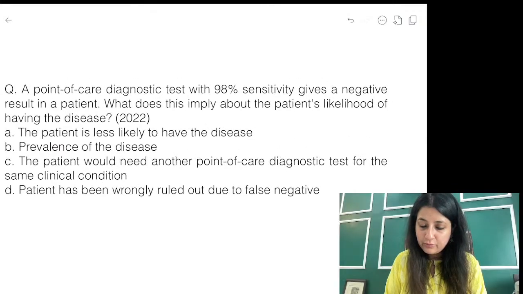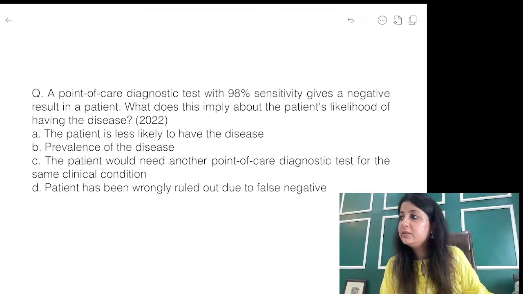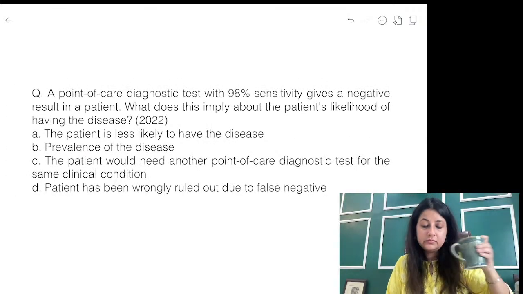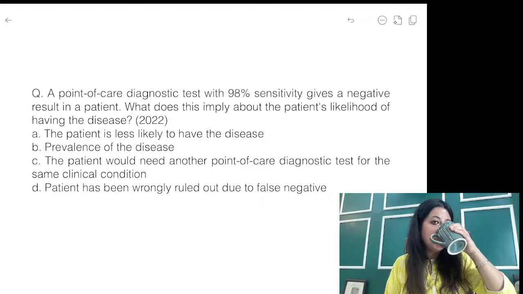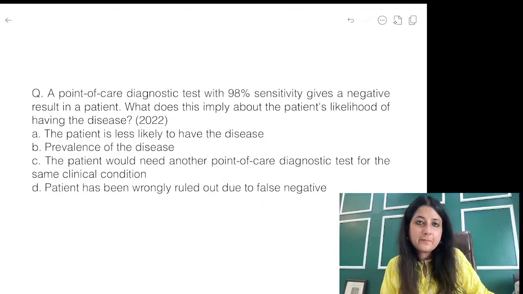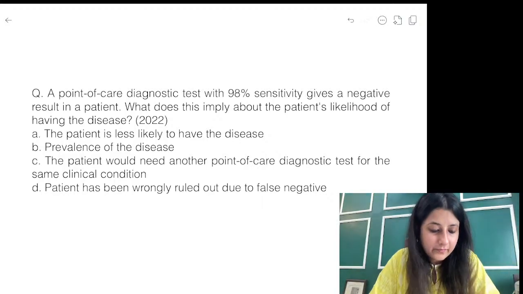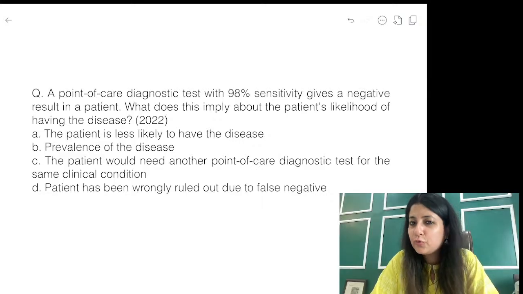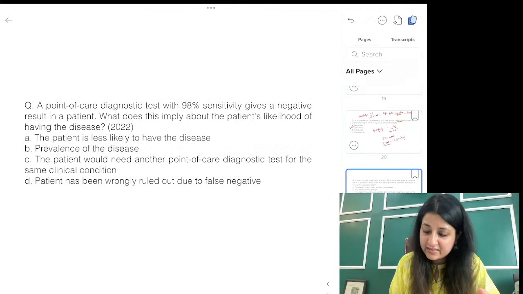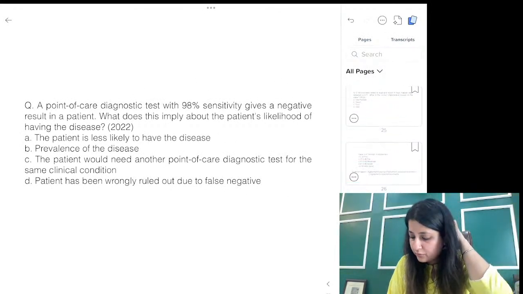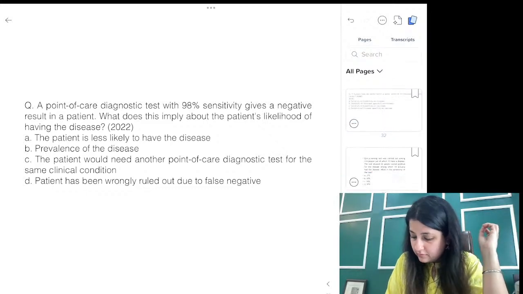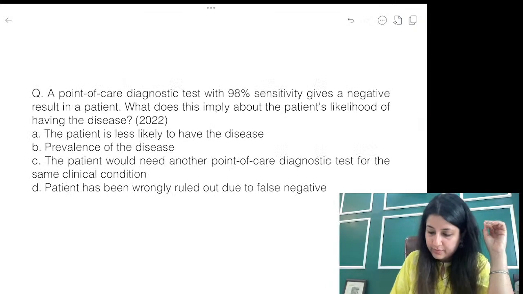Okay, one more tricky question. Let's see if you can do this. I'm trying to show you the different types of questions that have come in all the exams, guys. Right, so we need to buck up a little.